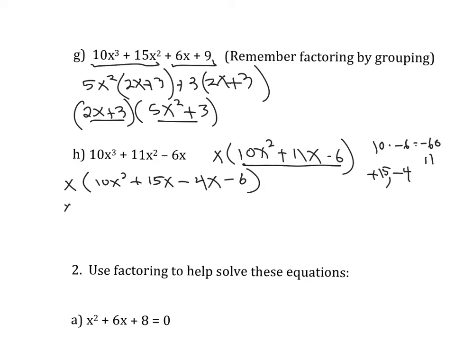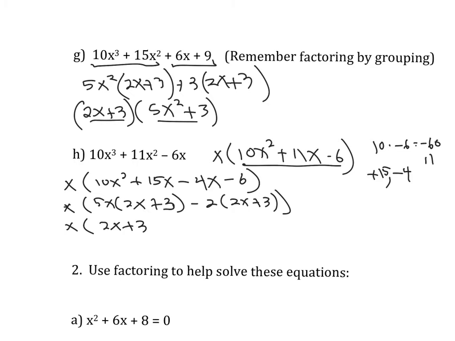Inside here we can factor this as 5x times 2x plus 3 minus 2 times 2x plus 3. That will give us x, and then we'll factor out this common 2x plus 3 to get 2x plus 3, and what's left is our 5x minus 2.